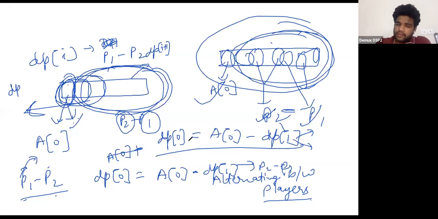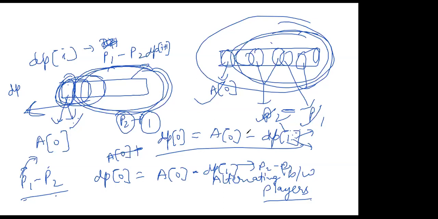I know that once I have executed a turn, I need the negative of that, because I know for sure dp of 1 will be executed by the other person because it's an alternating game.